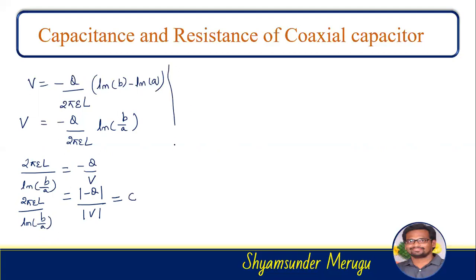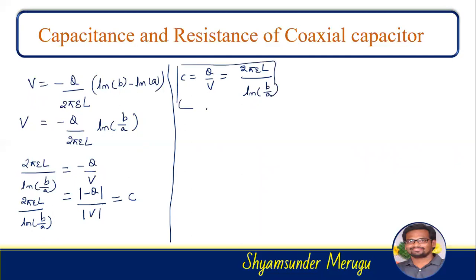So we know that capacitance is the ratio of the absolute value of Q to the absolute value of V, so the coaxial conductor capacitance is given by 2 pi epsilon L by natural logarithm B by A, and the unit is farads.